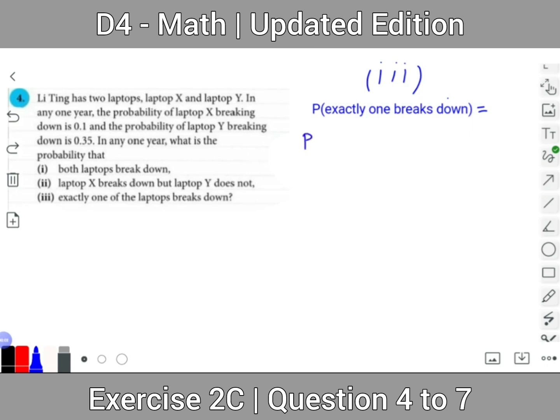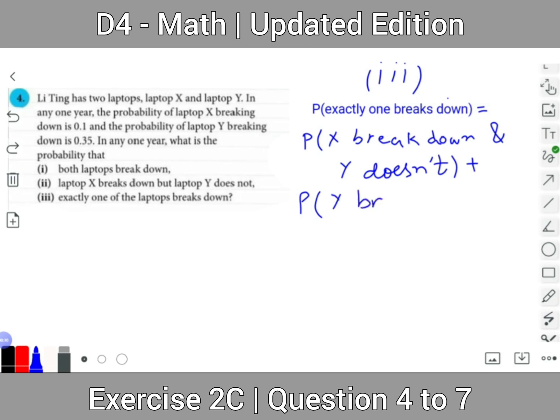So for this we have two possibilities: that X breaks down and Y does not, plus similarly Y breaks down and X does not.